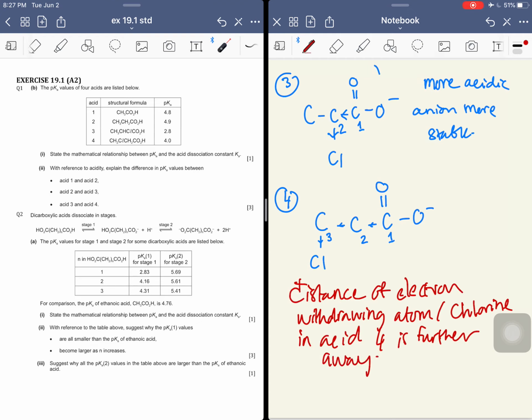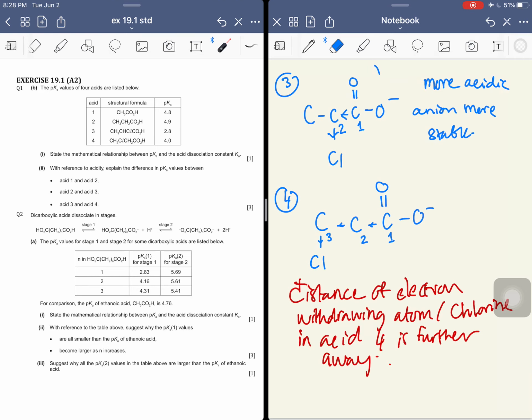If it's further away, that means the anion is more unstable. Okay, actually I will just erase that because it's confusing.